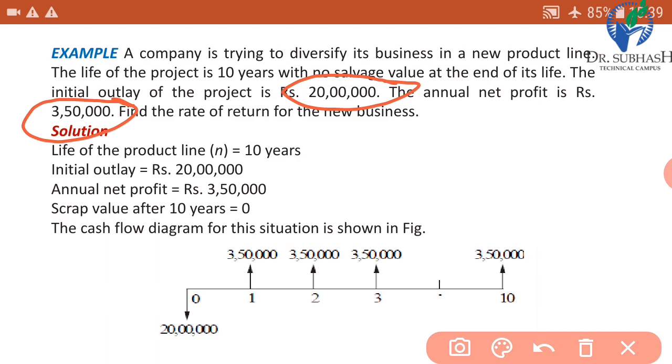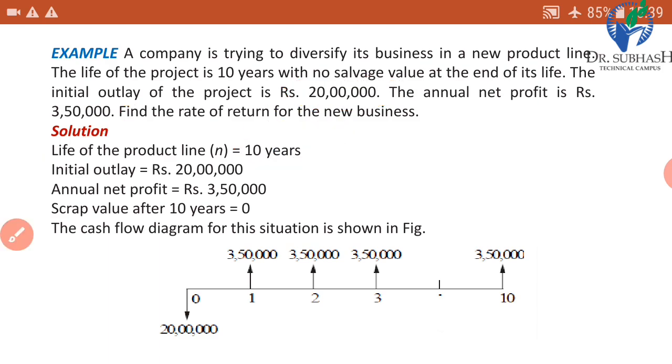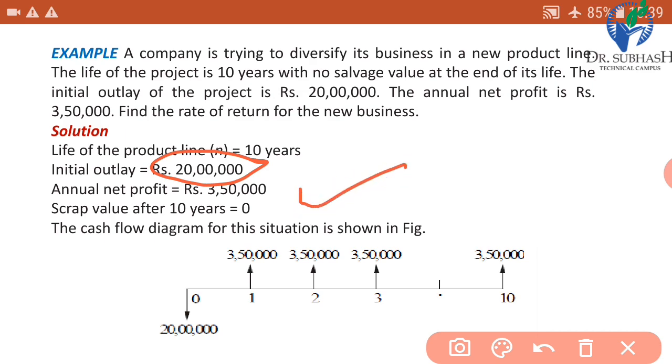Now, first of all, we will see the data given in the example. Life of the project, n, is equal to 10 years. The initial outlay is 20 lakh. The annual net profit is 3,50,000, and the scrap value after 10 years is 0. It means no salvage value is given.